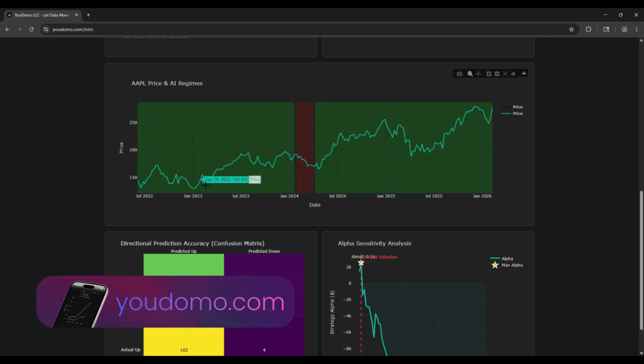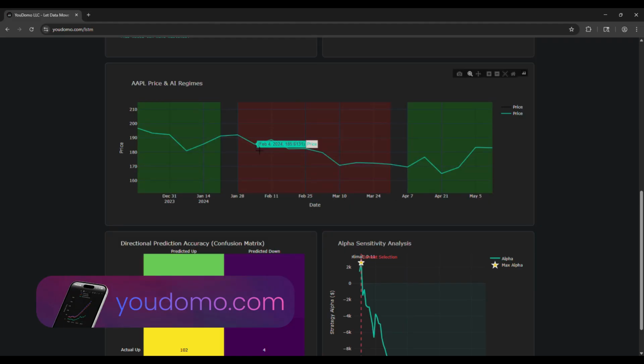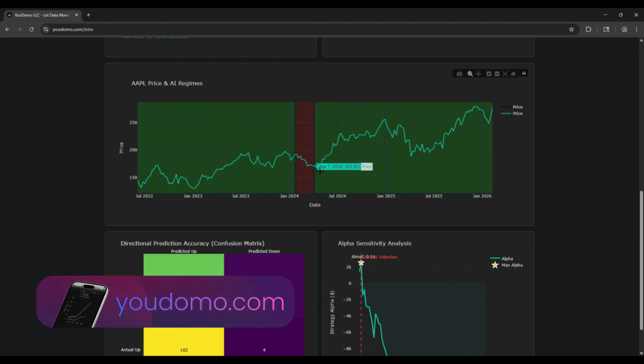Next, we see this downtrend, and the AI model was able to pick up that, hey, sentiment has shifted in this stock, the price action has changed. So from 192 to 171, the AI model exited Apple stock in this backtest. So good trade there. And then from April 2024 to today, the AI model has been very bullish on Apple stock.